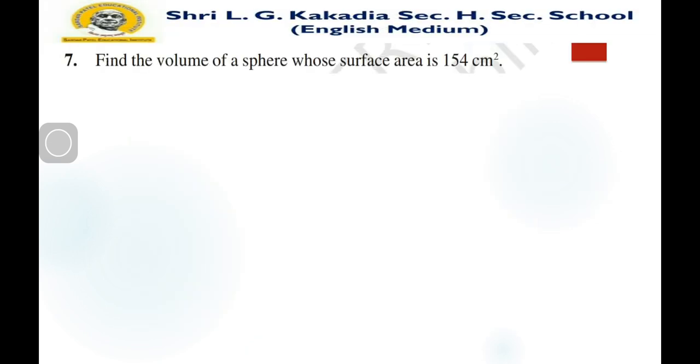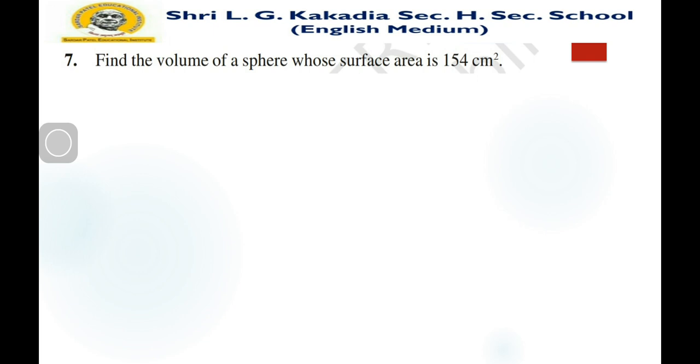Example number 7. Find the volume of a sphere whose surface area is 154 centimeter square. Here the surface area of the sphere is given, but the value of the radius is not given.